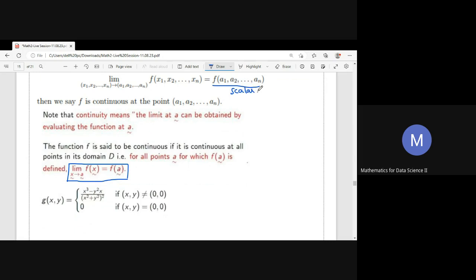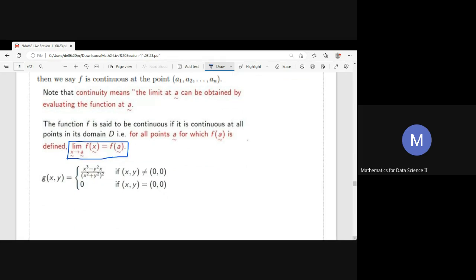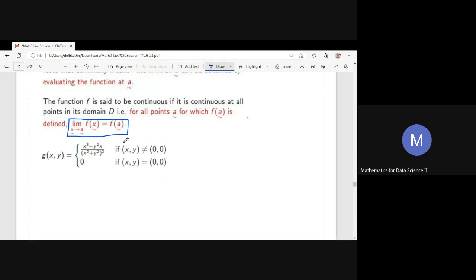Okay, fine. So for continuity of functions, now consider this function g of x comma y, where for x comma y not equal to 0 it is given like this, and at 0 it is 0. Now let us look at the continuity of this function at 0. Let us first consider a non-zero vector and see what happens to the continuity at non-zero values.